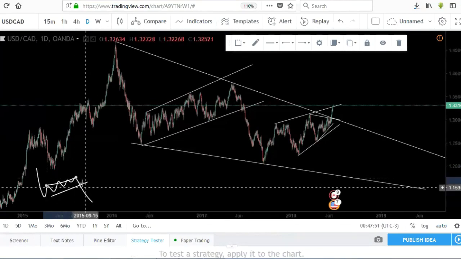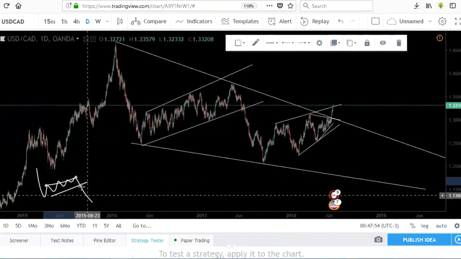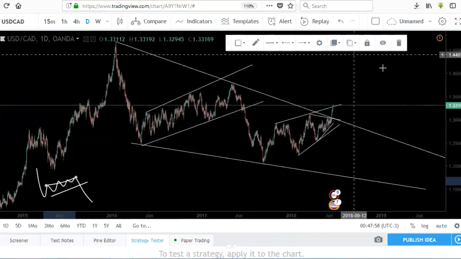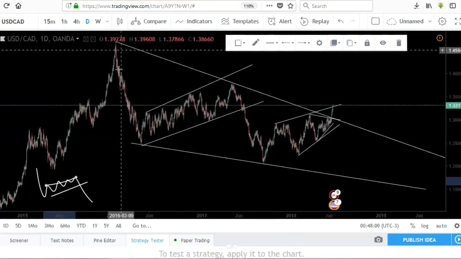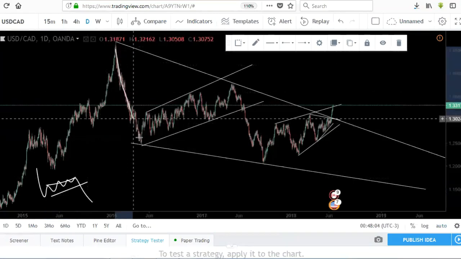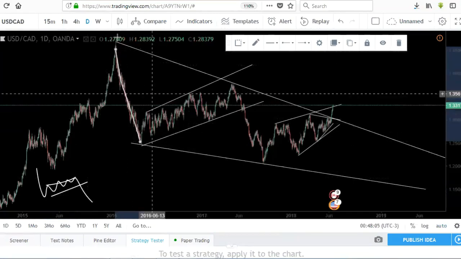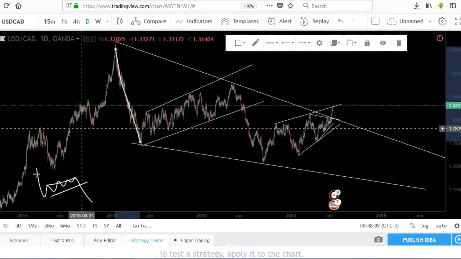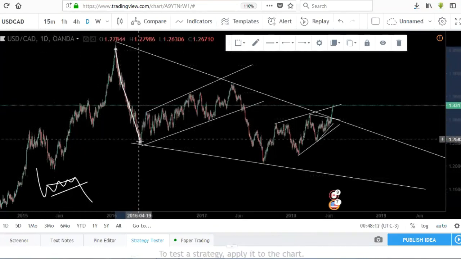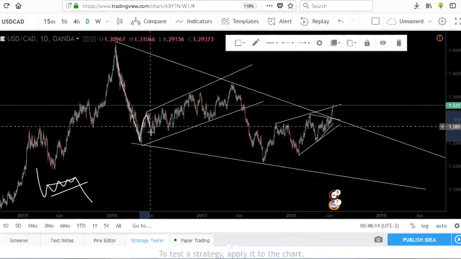So now I want to take part of these impulses. Let's look at this. It came down from here, it impulsed all the way down. We wouldn't be able to take the run because we just came from this uptrend, broke the lows and everything, came back down, and started correcting.